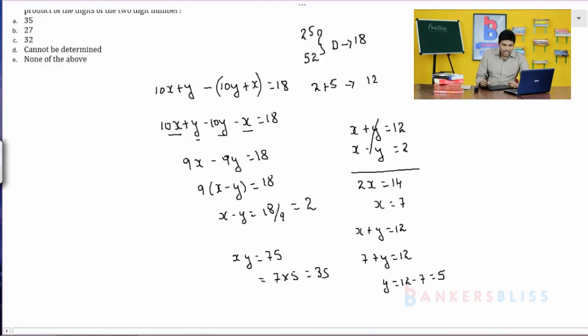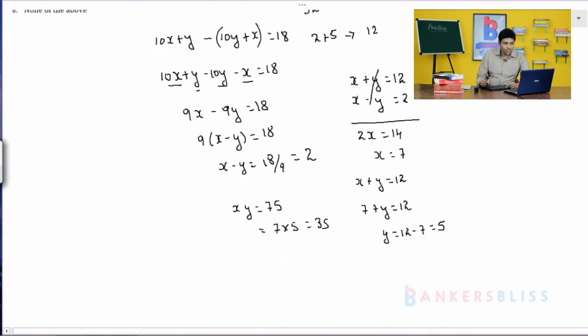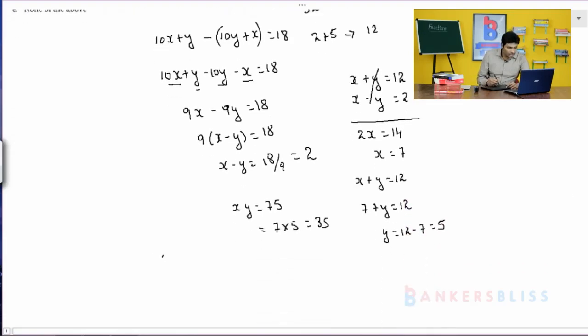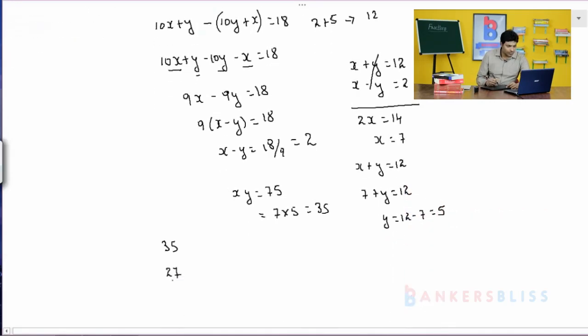See here, what are they telling? They are asking what the product of the digits of the two-digit number is. So, they have given the options: the first one 35, second one 27, third one 32, and cannot be determined, which doesn't come, because we can easily determine.